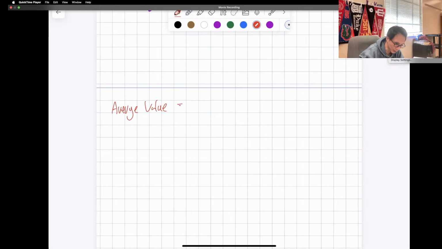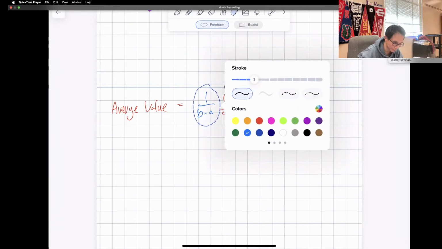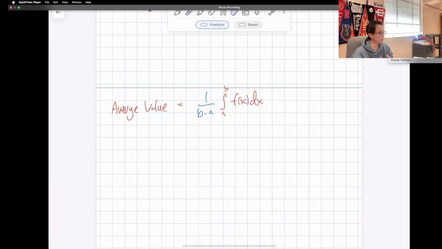Average value is equal to 1 over b minus a, times the integration from a to b of f of x dx. I'm going to color code this part in blue, so that way you can see what is going on.